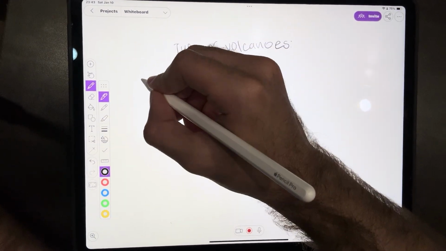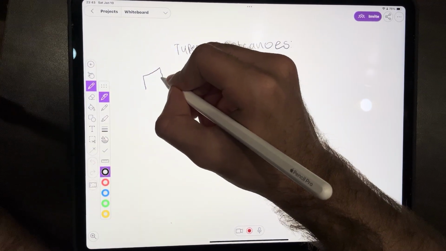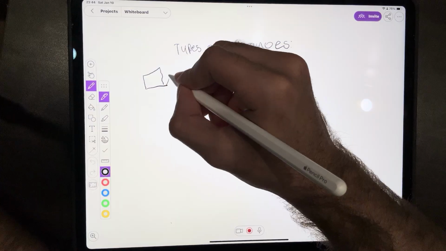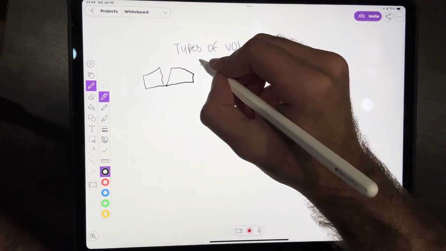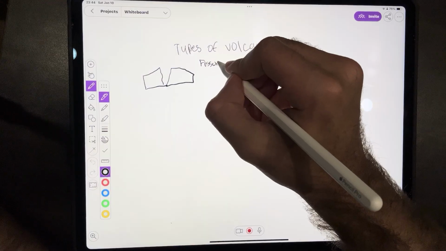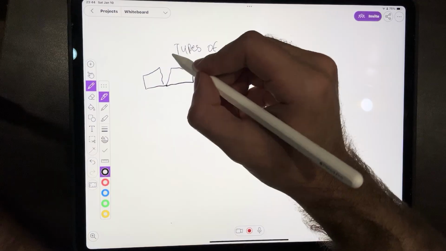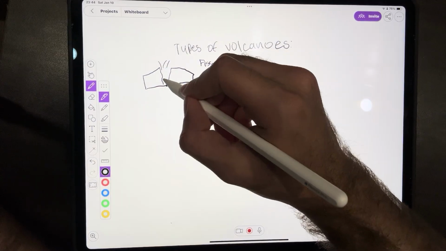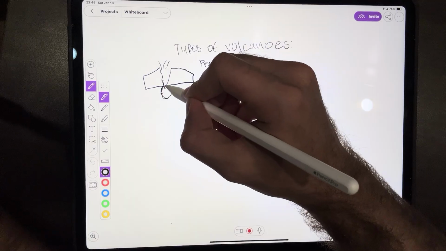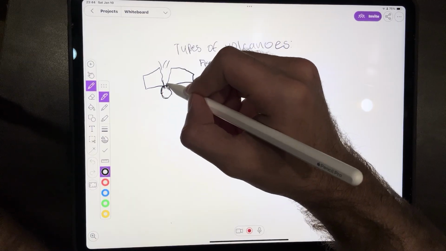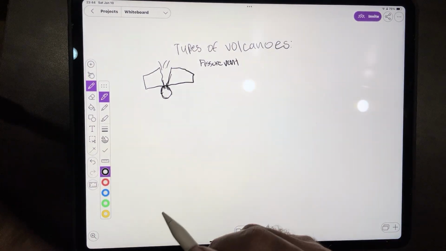Now, a small type of volcano is called a fissure vent. A fissure vent is a small type of volcano that has a little magma chamber underneath the cracks. It's essentially more like a crack in the earth.